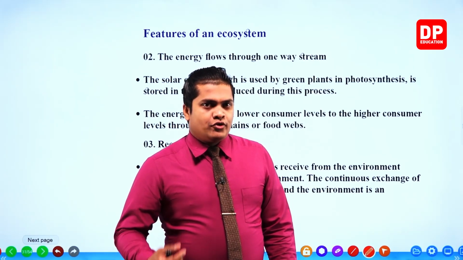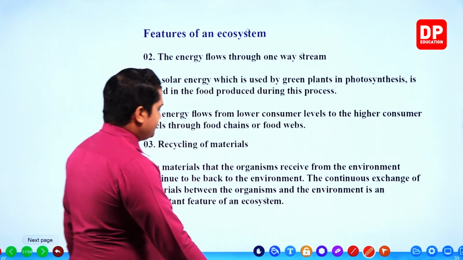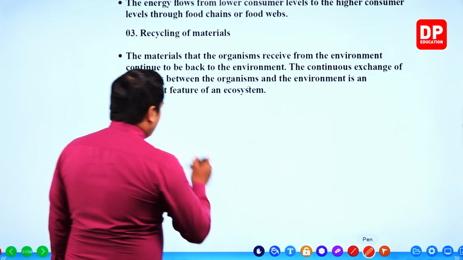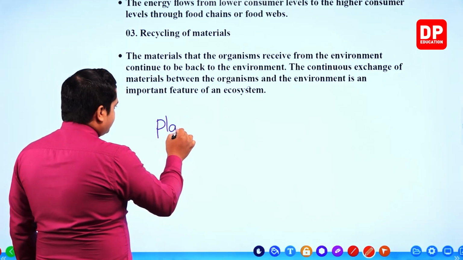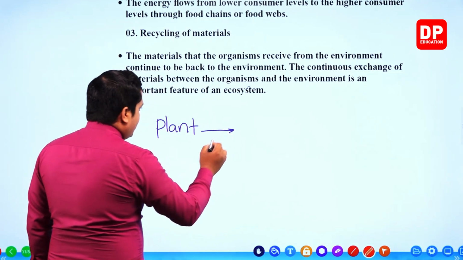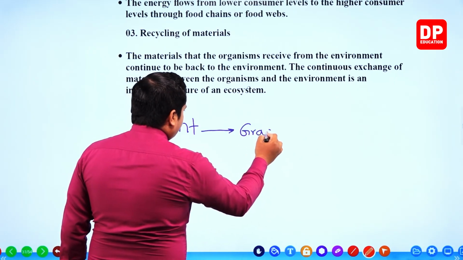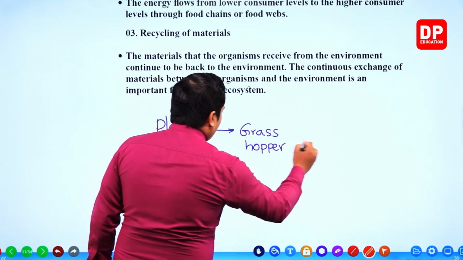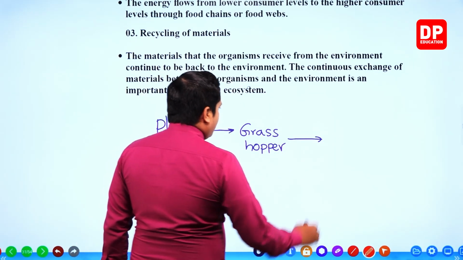Now, what do you mean by a food chain, my dear children? A plant is being eaten by a grasshopper, right? Then the grasshopper is being eaten by a rat.